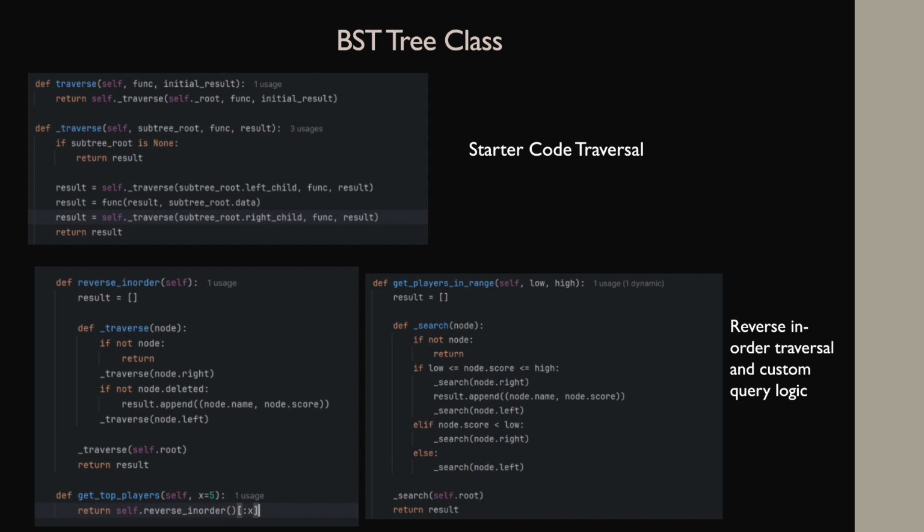Then we recurse onto the left subtree, which has the lower range of scores, and then we would complete this reverse in order from right to the root to the left, and basically it is just called on the root of the tree, and then once the result list is fully populated, we return it. Then the get top players method essentially just slices the list to return the first 5 players, since we already sorted it efficiently in the function above.